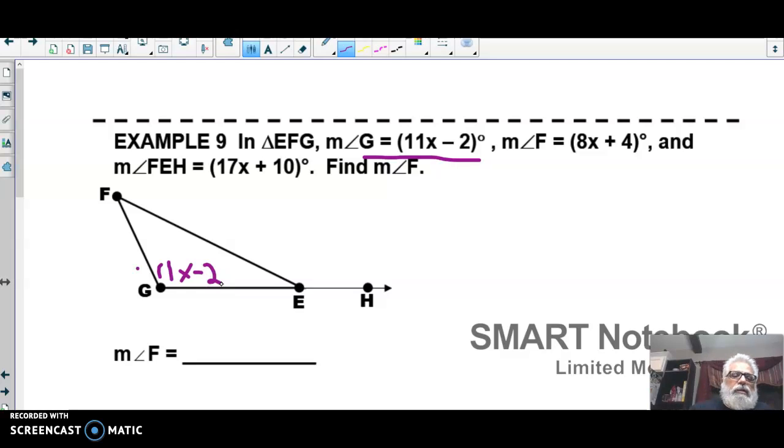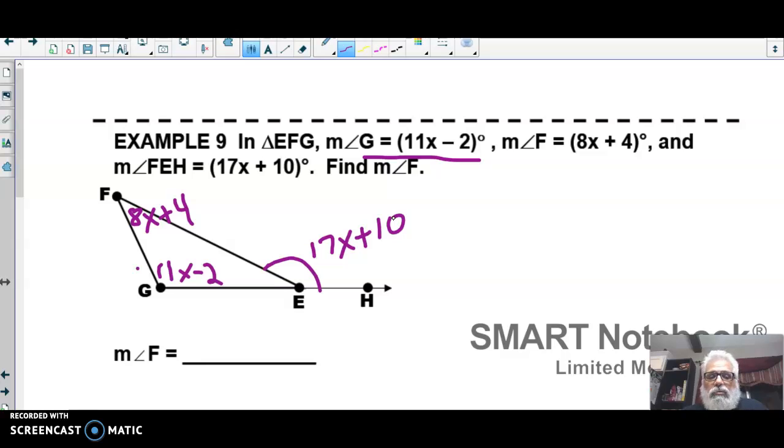Angle F is 8x plus 4. And then the measure of FEH, which is this guy right here, is 17x plus 10.